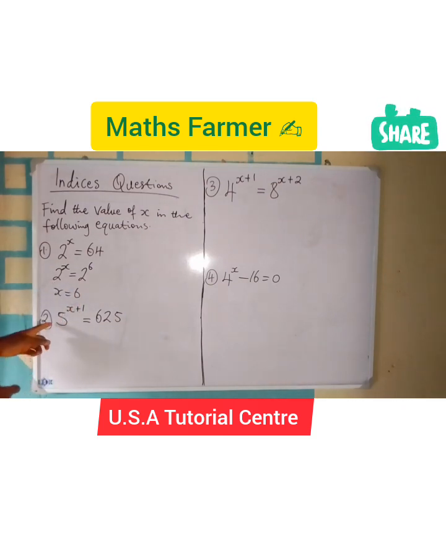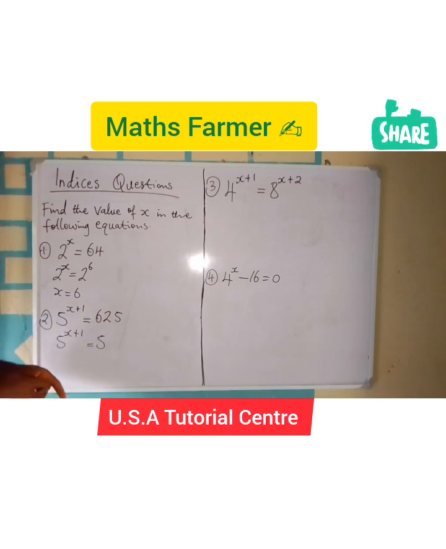Coming to the second question here, we have 5 to the power of x plus 1 equals to 625. Now, what you have here is 5 raised to the power of x plus 1 equals to, you ask yourself, 5 raised to the power of what will give us 625?